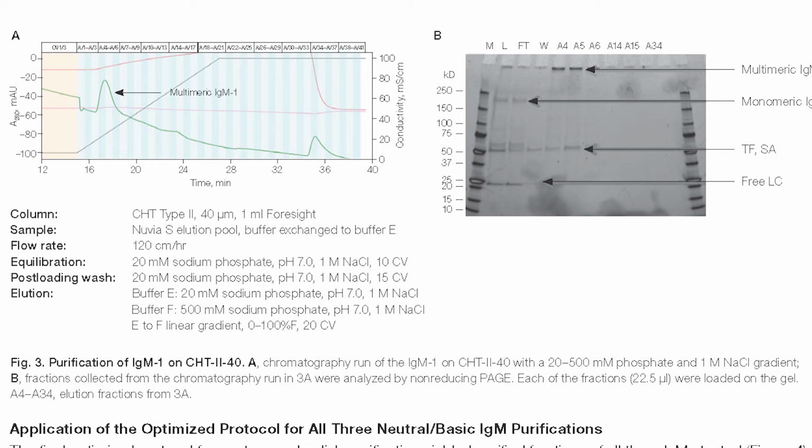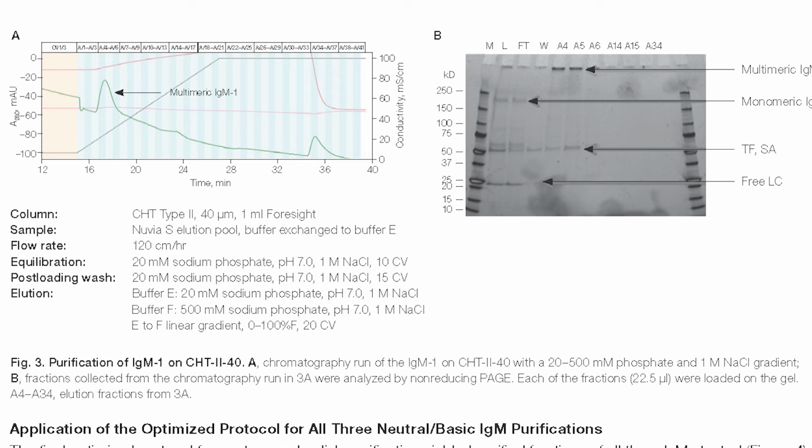The IgM was coming off in the stripping step with phosphate, and we finally decided to do a linear phosphate gradient, which gave us a good elution of the IgM, and we could further optimize the polishing step by adding sodium chloride to the phosphate buffers, and in this case we get a very nice elution peak in the gradient elution. There are also some other molecules coming off in the stripping, and when you're looking at the SDS page, you really nicely see that you have the multimeric IgMs in the elution fractions.